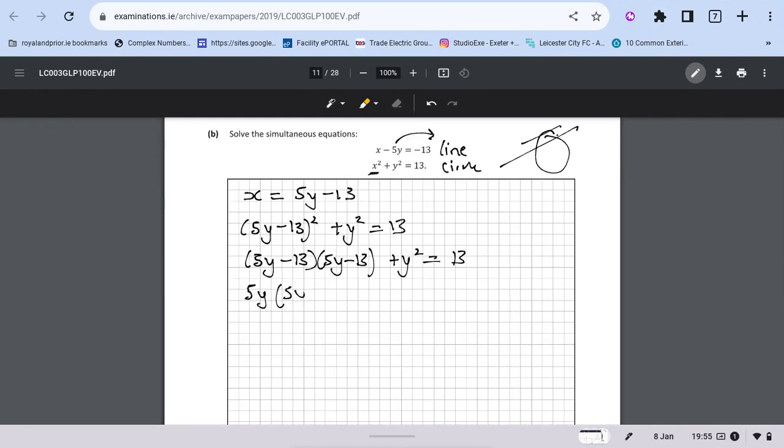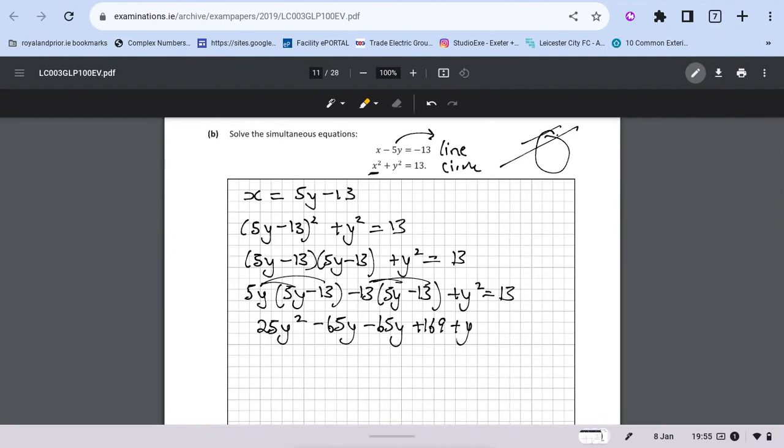You're going to bust your brackets, and just tidy that up. 25y squared plus y squared is 26y squared, minus 130y, and to save myself a wee bit of time, 169 minus 13 is 156.